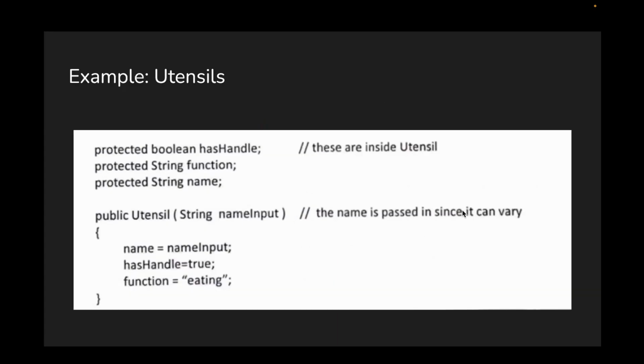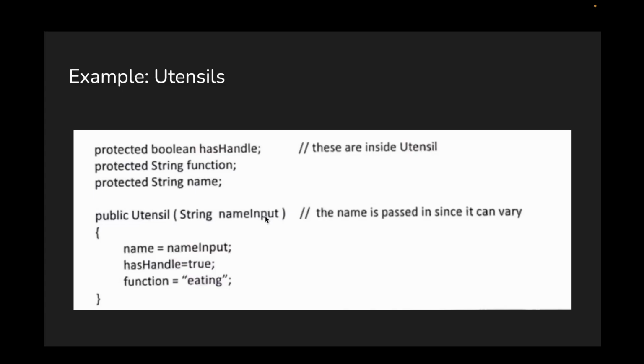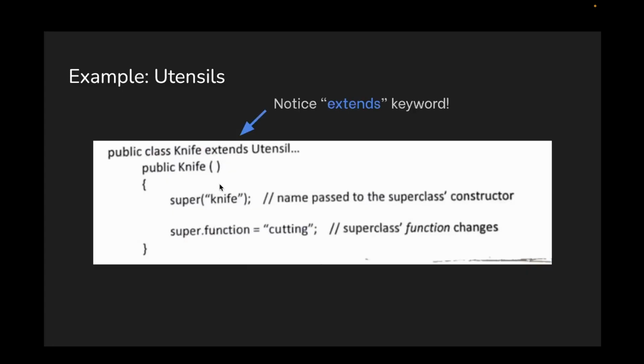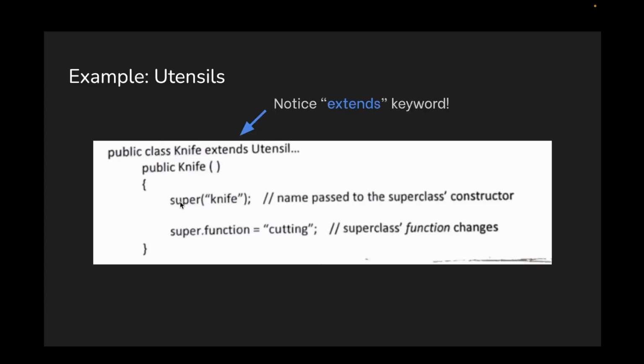Well, this knife string right here goes and is set to the value of name input. And then name, which is the field variable right here, takes in the value of name input, which is knife. So name has the value of knife now. The super is a way to access the superclass's fields and methods.